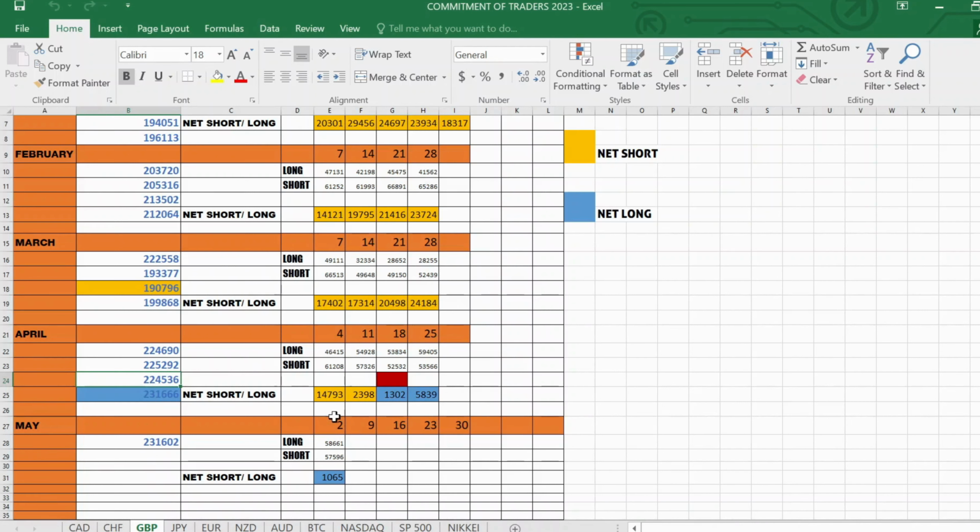So according to the COT, you can see that the large build-up in volume has been accompanied by a breakout in the pound. It is a very strong signal to join the trend.